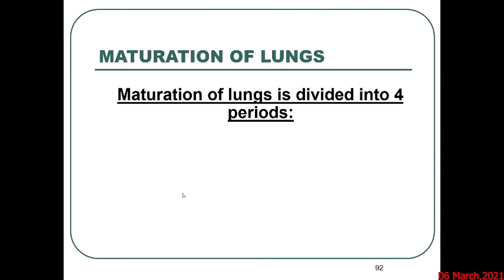Maturation of the lung occurs in 4 periods. Remember, it comes in the exam. This time there was a question in the prof exam: describe or explain the stages of maturation of the lung. So this maturation of the lung is divided into 4 periods.